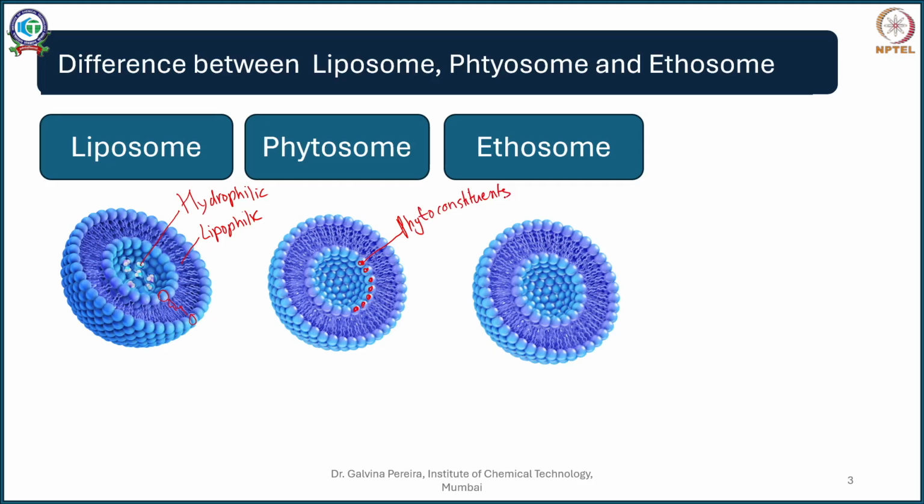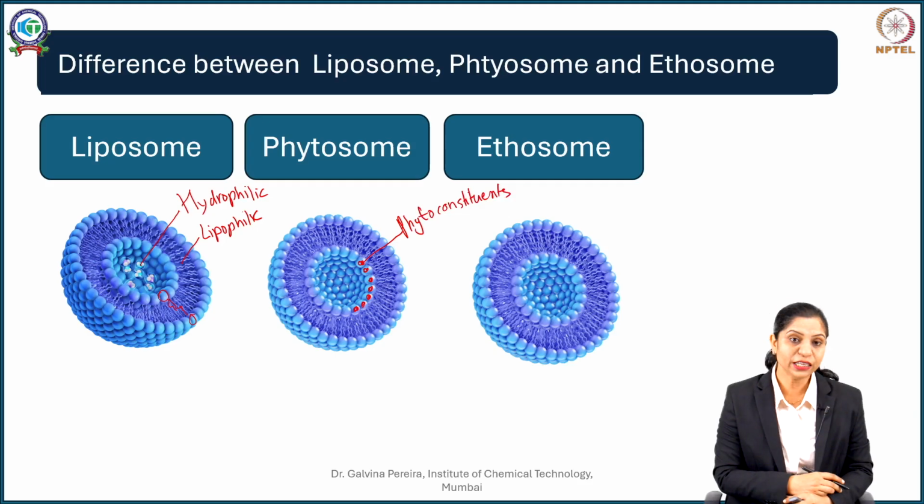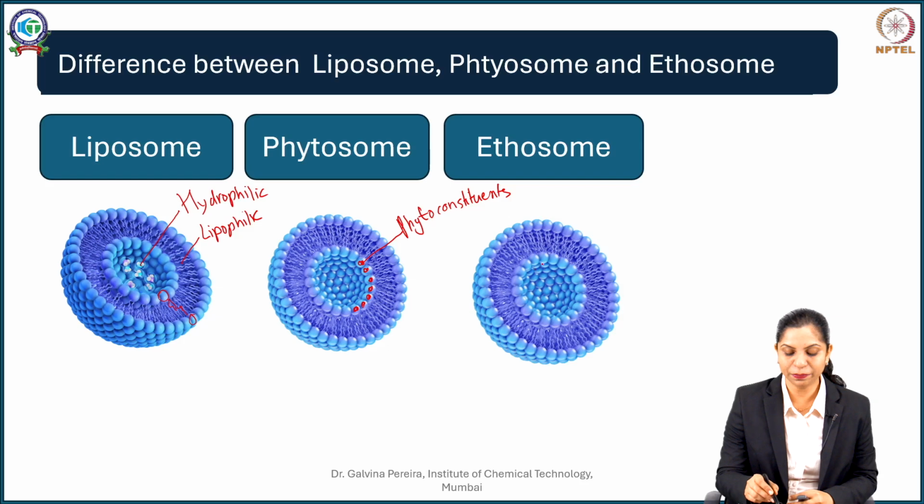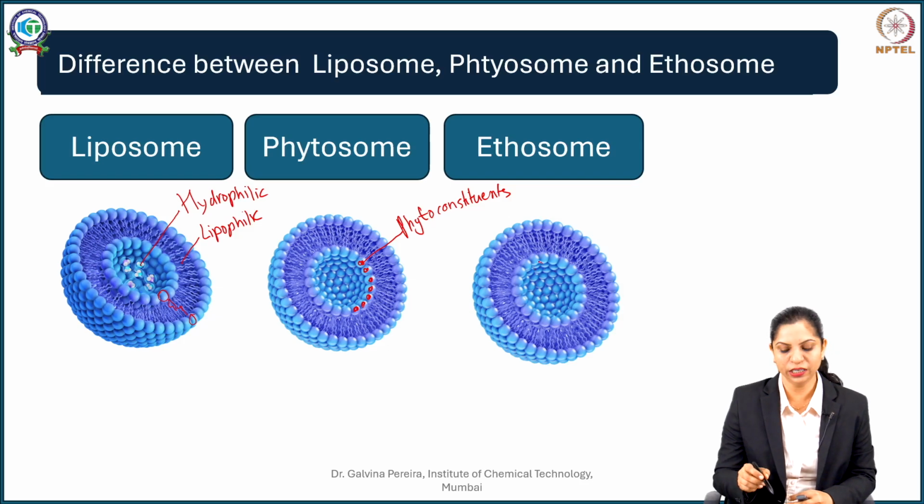Now what happens in ethosomes? In ethosomes, because of the addition of ethanol, there's a little difference in the core. Instead of a principally aqueous core, you will see the core is aqueous plus alcohol.